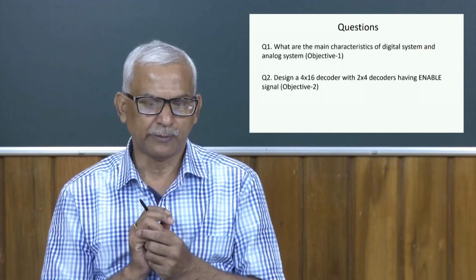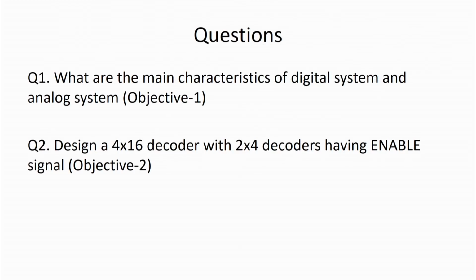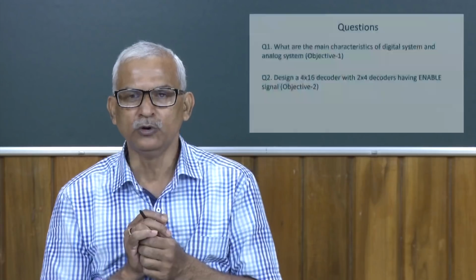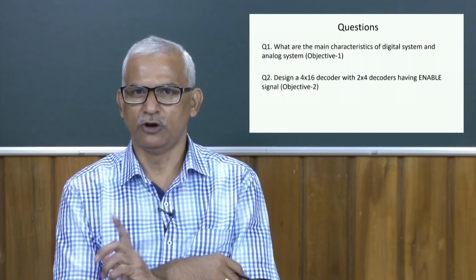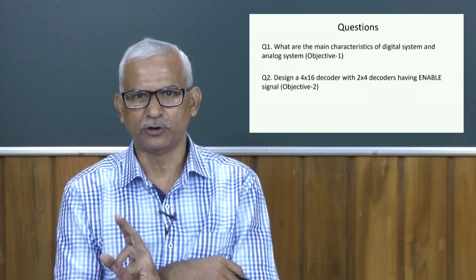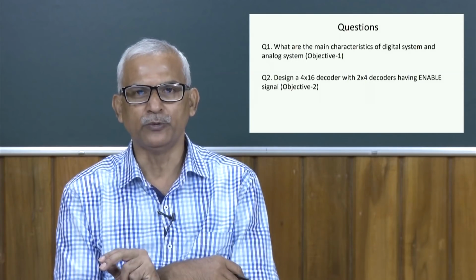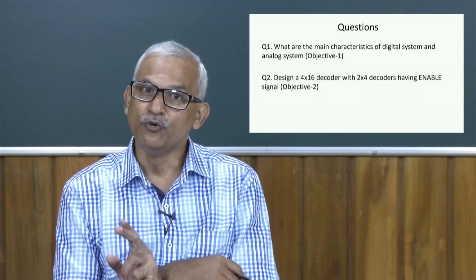Second question: design a 4 by 16 decoder with 2 by 4 decoders having enable signals. This is meeting objective 2, construction of some digital building blocks. Already I have explained one example, constructing a 3 by 8 decoder with the help of 2 by 4 decoders.